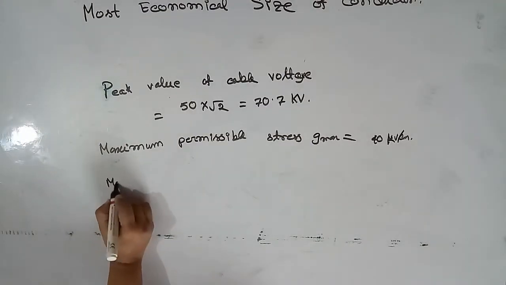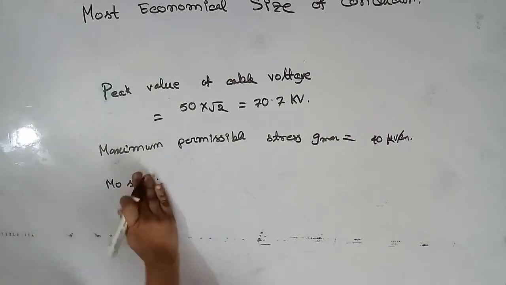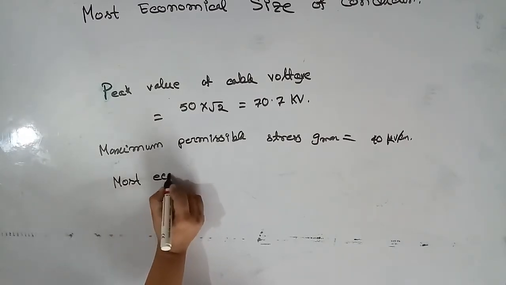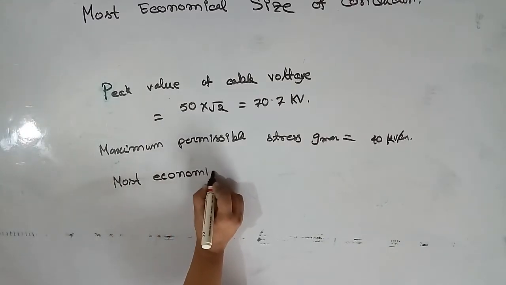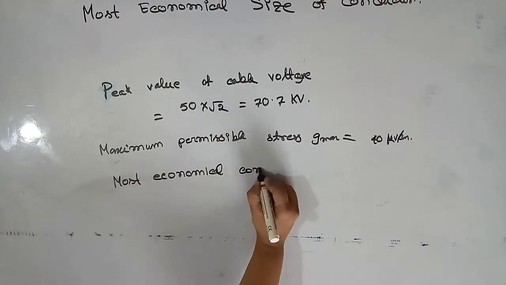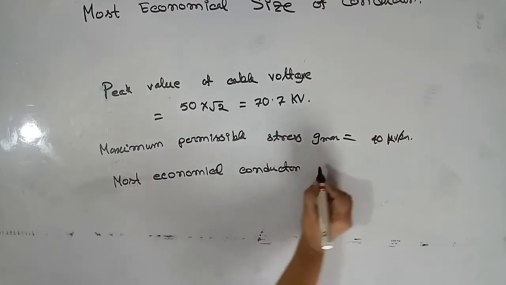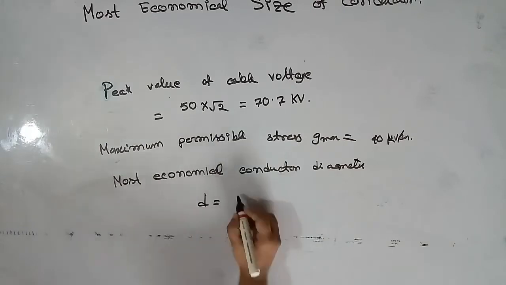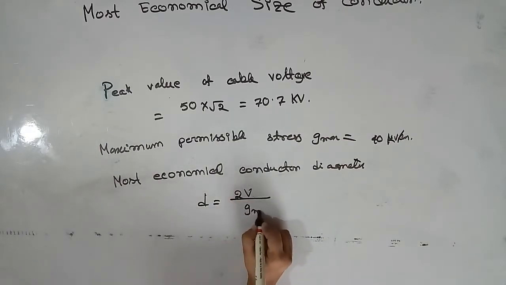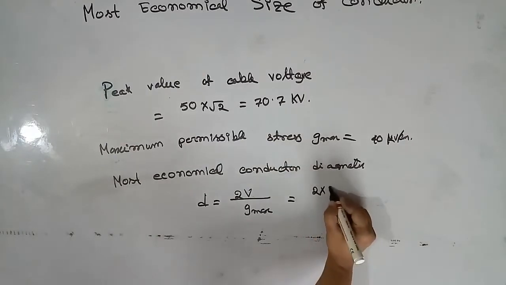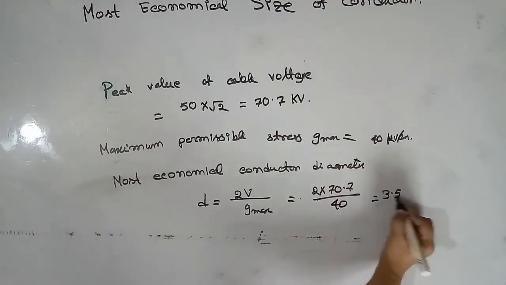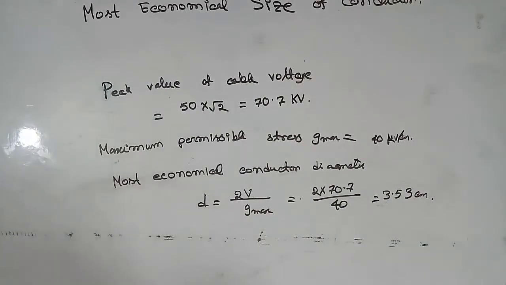So the most economical conductor diameter is small d equals 2V by G max, which is equals to 2 into 70.7 by 40, that is equals to 3.53 centimeter. So this is the most economical conductor diameter.